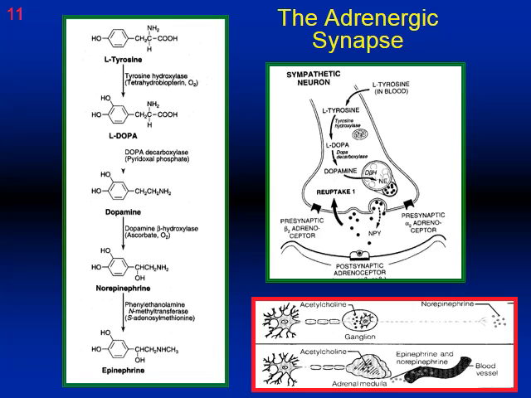So do you remember what NOR means in organic chemistry language? NOR means loss of methyl. So the difference between epinephrine and norepinephrine is a stinky little methyl group. But that stinky little methyl group matters because you never hear of people taking a norepinephrine pen to survive their bee sting.